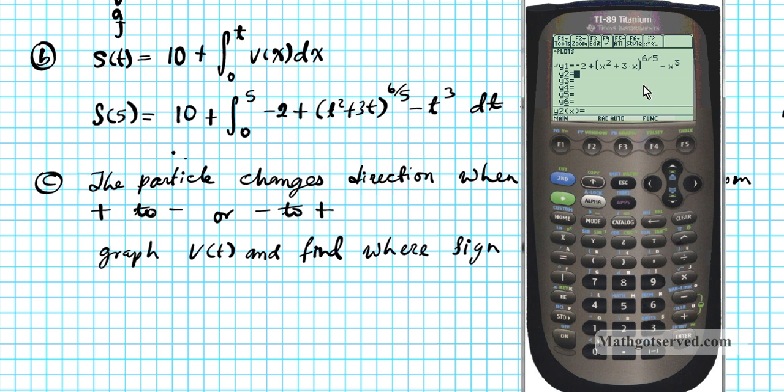Enter. Now let's verify that our entry is correct. So we have negative 2 plus x squared plus 3x raised to the 6 over 5 minus x to the third. Excellent. Now let's go ahead and graph it.